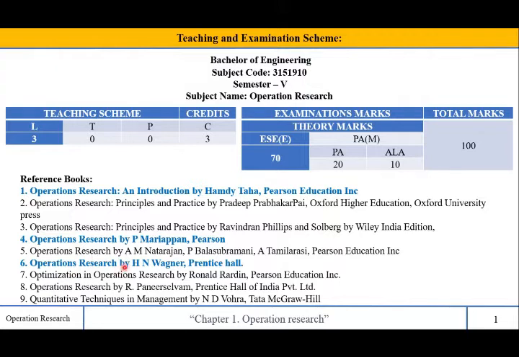The third one is Operational Research by H.M. Wagner, Prentice Hall. These books are very wonderful. The other books are also very good, but I personally prefer these 3 books because they are easy to understand. You can choose one of your own.